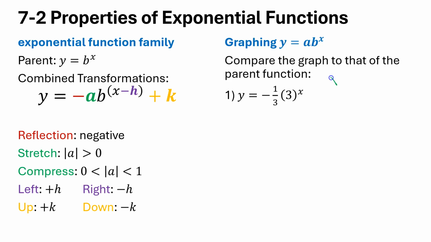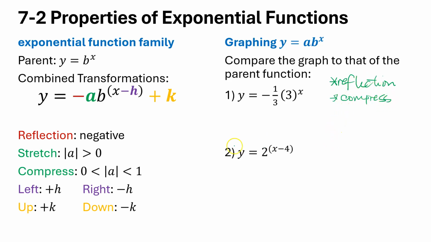So what do we have there? We know that there's going to be a reflection. Then we also have this multiplier. Our multiplier is 1/3, and from our notes, 1/3 is less than 1. It's between 0 and 1. And so this means that there will also be a compression. So the function will be compressed.